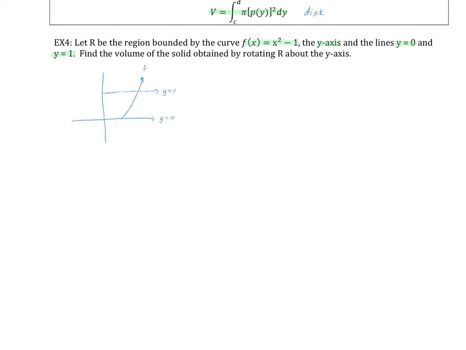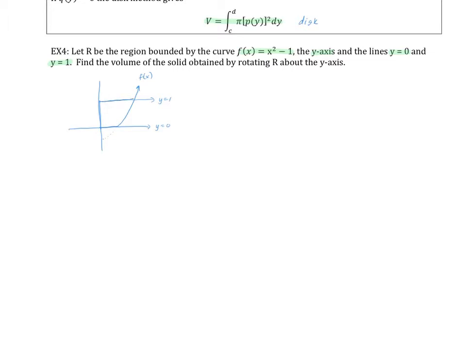So this is my f of x. We have the y-axis, y equal to 0, y equal to 1, and our function. This would be our region that we're going to rotate about the y-axis.